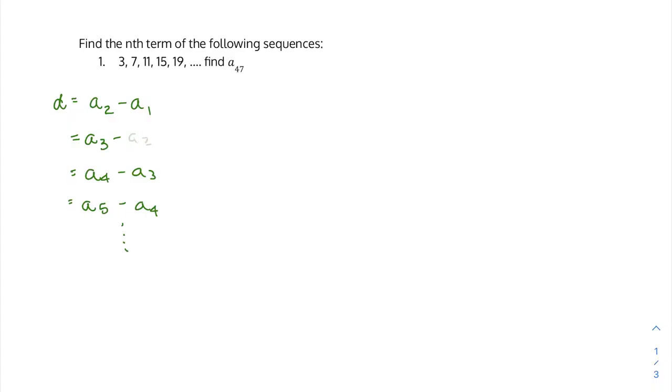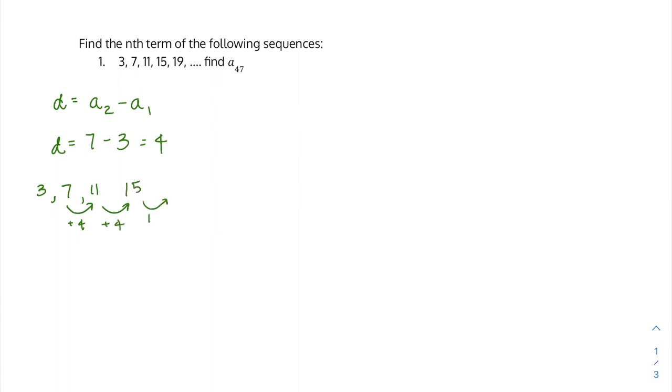Another way you can verify that is to find the common difference. If it is arithmetic, the common difference would be 7 minus 3, which is 4. We can check: 3 plus 4 is 7, 7 plus 4 is 11, 11 plus 4 is 15, 15 plus 4 is 19.